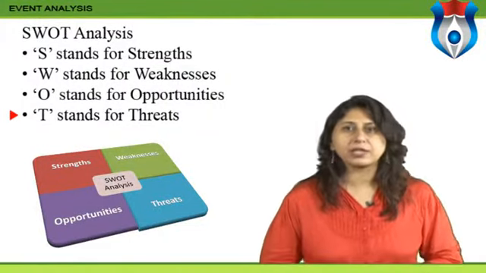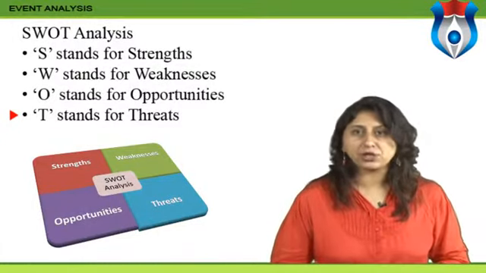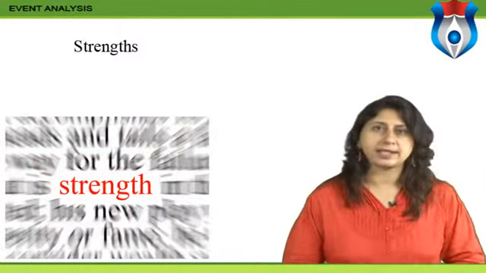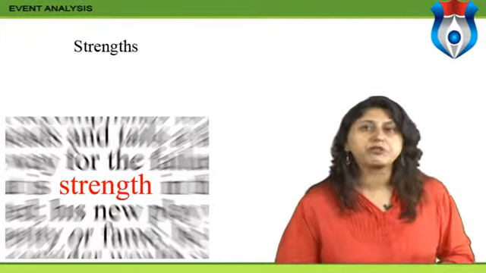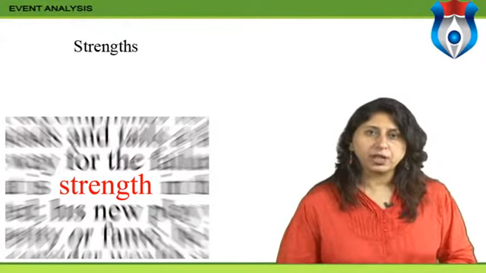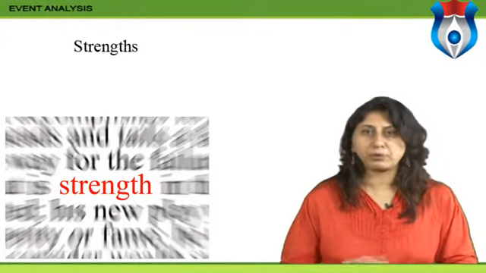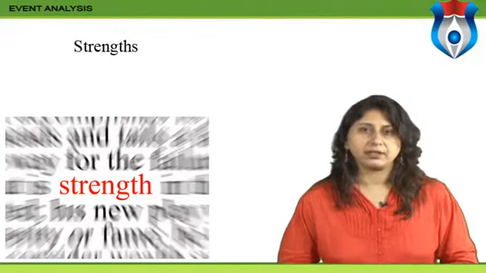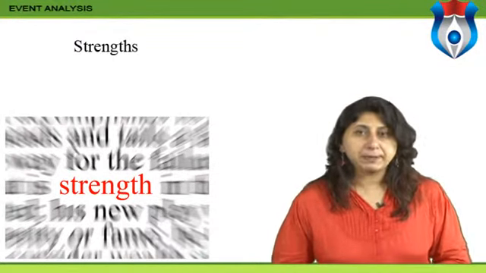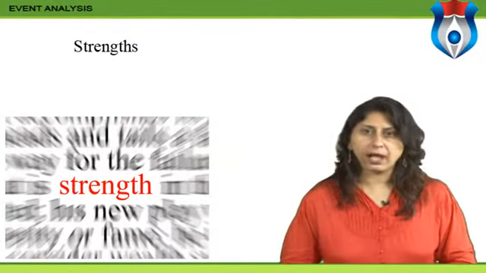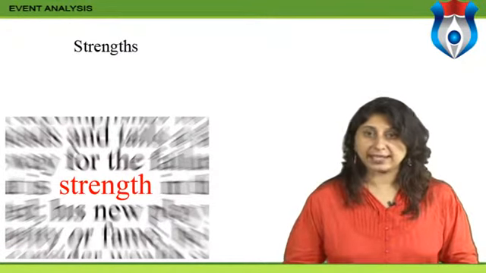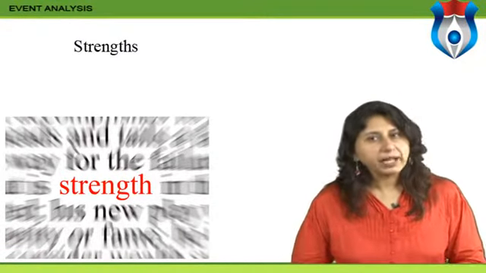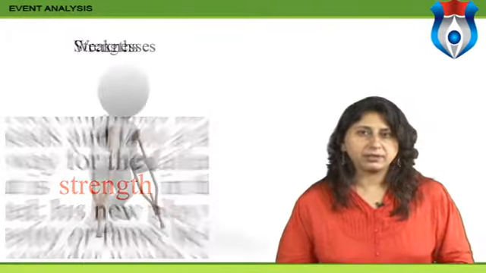SWOT analysis can also be done on an organization. Strengths. These are the attributes of project or organization which are helpful in achieving the project's objectives. For example, experienced event team, high motivation level, excellent PR, good market share, etc.